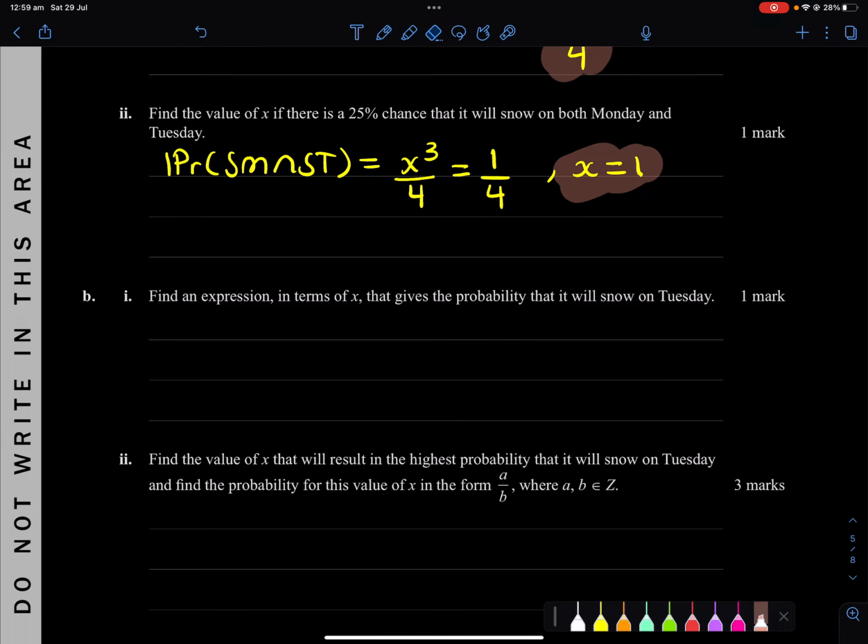Find an expression in terms of x that gives the probability that it will snow on Tuesday. So we want the probability of ST, snow on Tuesday.